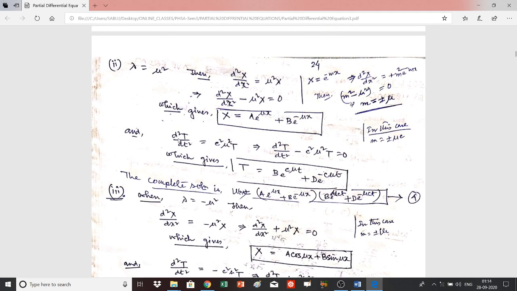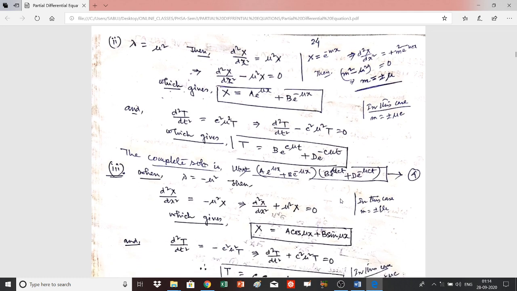Another part is d²T/dt² = c² mu² T, and that will give you the solution T = c e^(mu c t) + d e^(-mu c t). So the complete solution is the product of the two, u = (a e^(mu x) + b e^(-mu x))(c e^(mu c t) + d e^(-mu c t)), because a, b, c, d are all arbitrary constants, so there will be no problem in that.